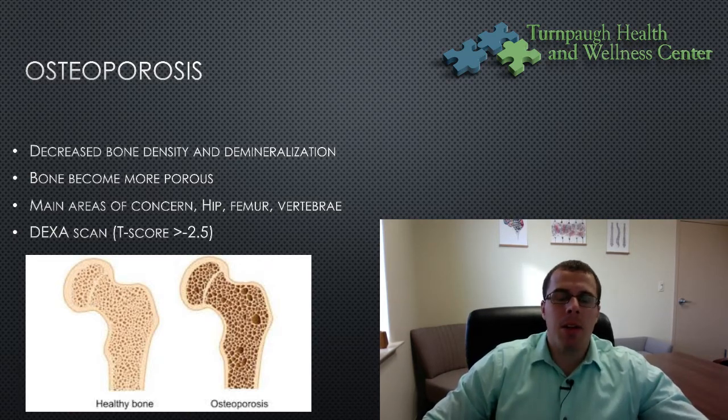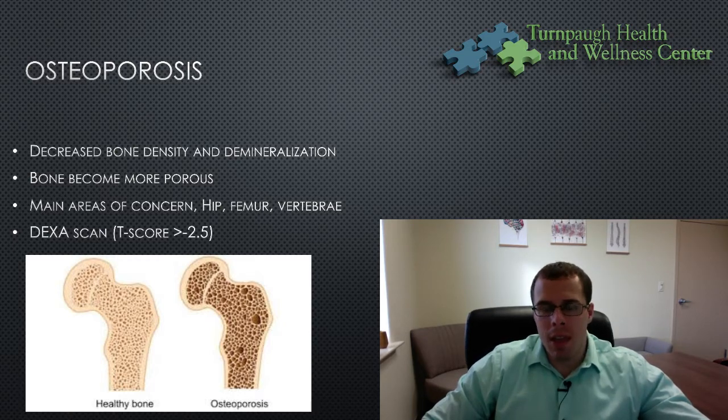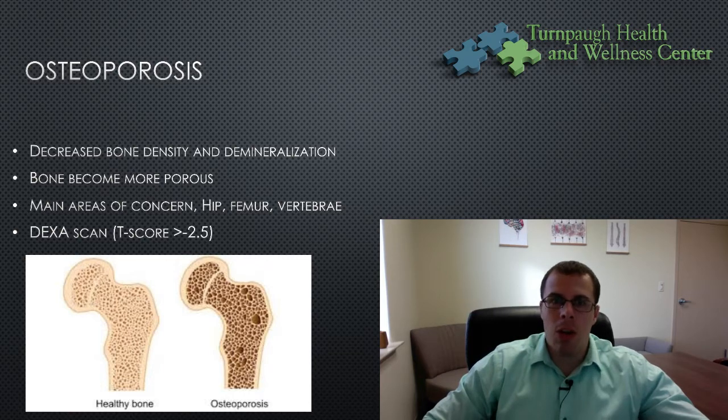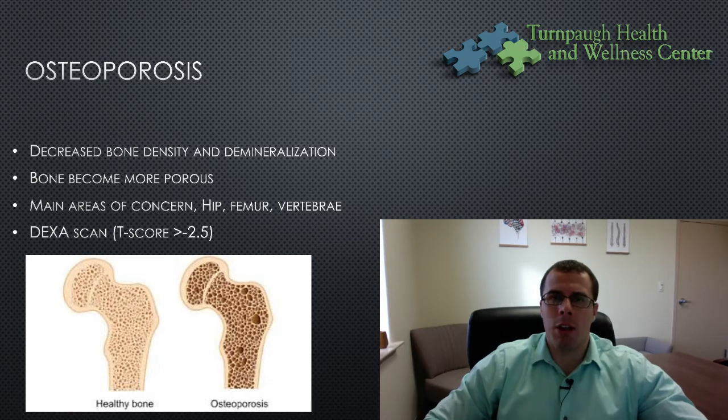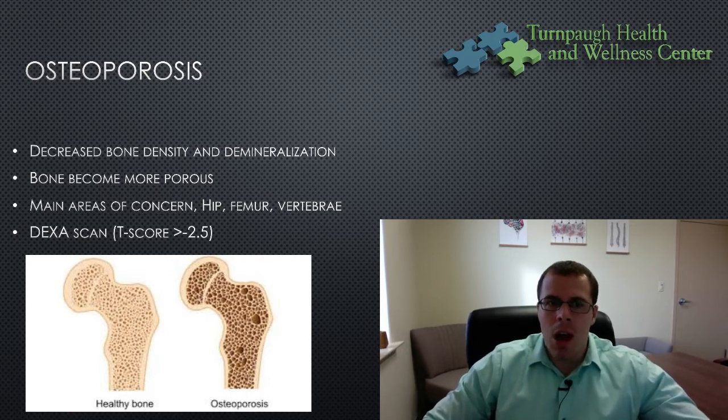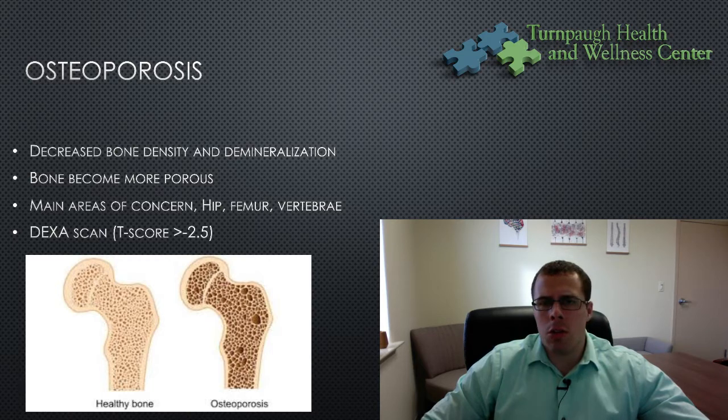Typically, areas of risk for fracture, the main concern being the hip, the femur, typically the femoral head or the femoral neck, which is the part of your leg that attaches to the hip, and then typically your lumbar vertebrae. Your vertebrae in general, that's your spine, are at increased risk for compression fractures. The gold standard here is to have a DEXA scan run. Basically, it looks at the density and the quality of the bone.